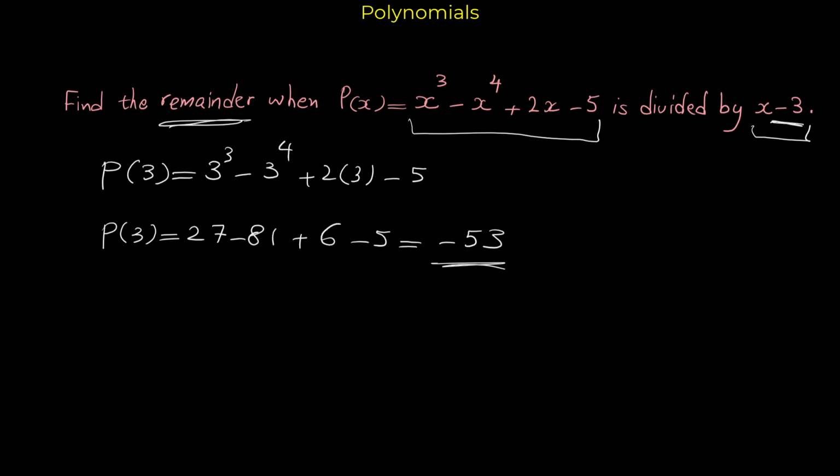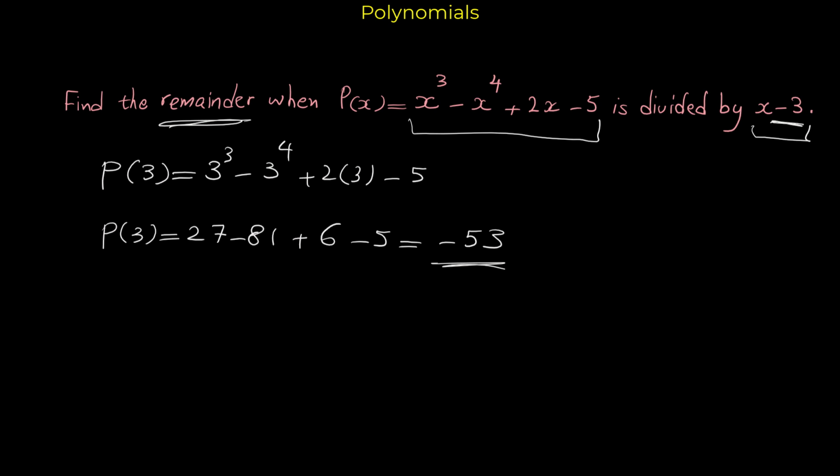And you can confirm this by using long division or synthetic division, but it's not really necessary. This is the remainder theorem, so always for finding the remainder of dividing a polynomial by x minus a, simply plug in the number with opposite sign in the polynomial and you can find the remainder.